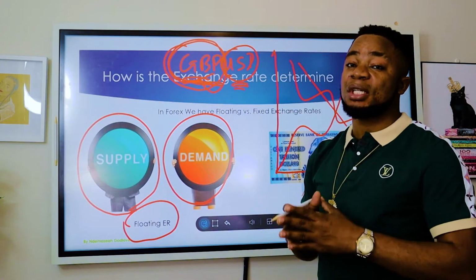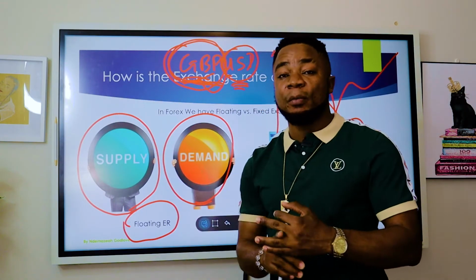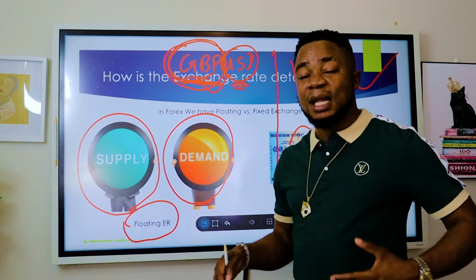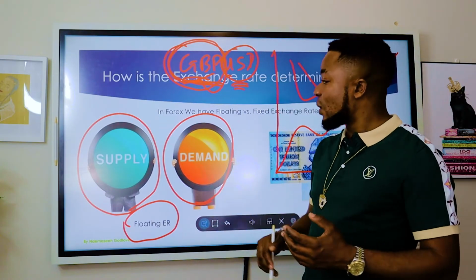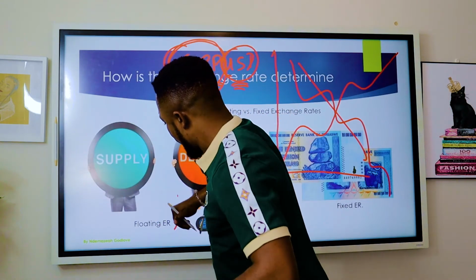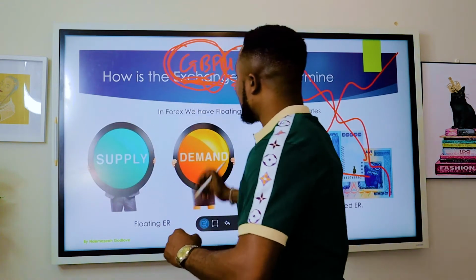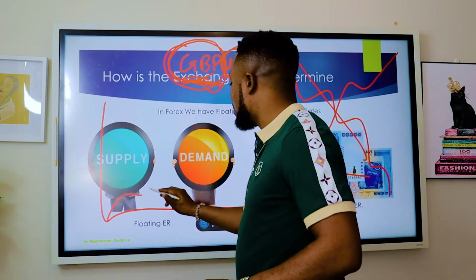95% of exchange rates are determined by the power of demand and supply. The more people are demanding that particular currency, the more the exchange rate will go up. That's why if you check the United States dollar, let me just show you this chart, from the 1980s until now, the chart has always been going up.